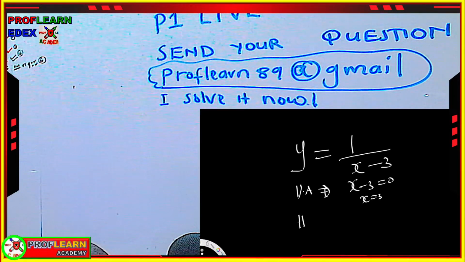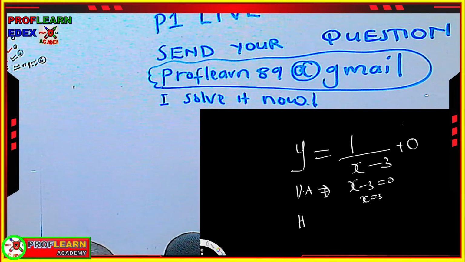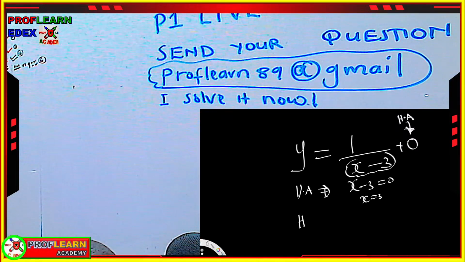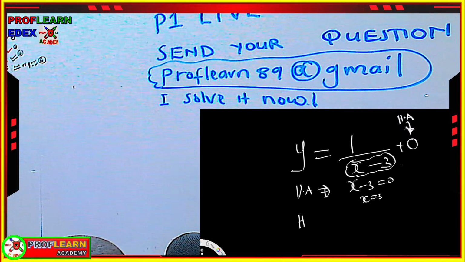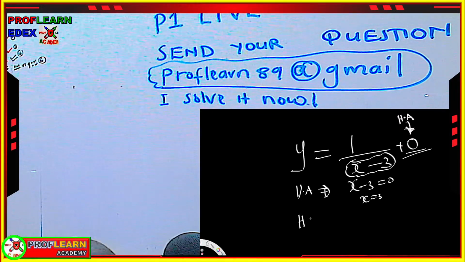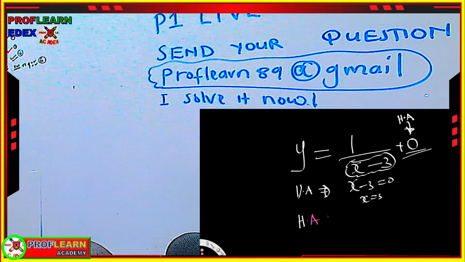But for the horizontal asymptote, you can see there is nothing added here. The value that we have up here is the one that usually gives us the horizontal asymptote, but the value that we have down here is the one that gives you the vertical asymptote. In this case, since there's no term on this end, we are going to say the horizontal asymptote is y equals 0.